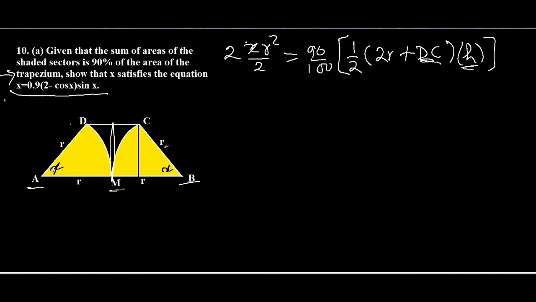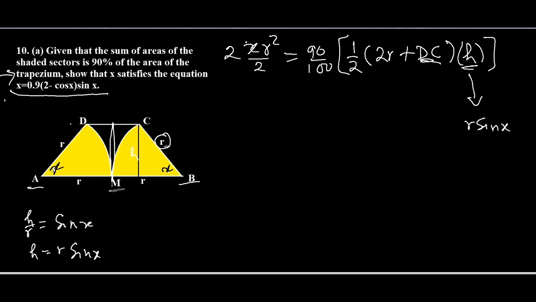If this is r, the hypotenuse, and this is H, then H over r equals sine x. So H becomes r sine x. So we got H in terms of r and x, and in place of H, we will write r sine x.